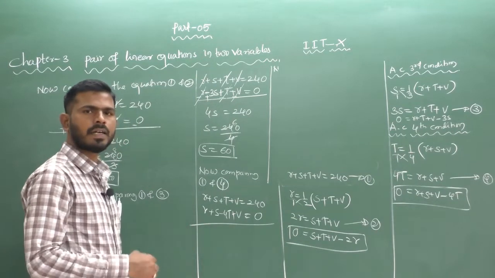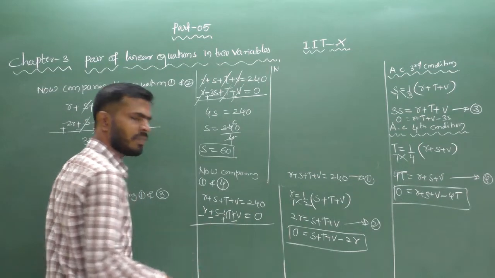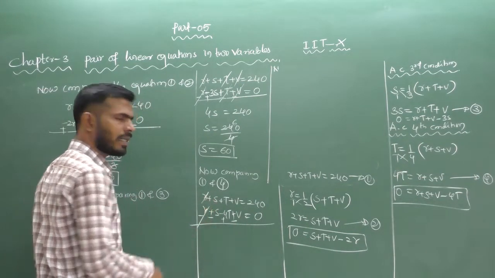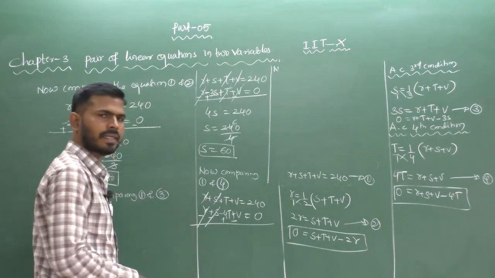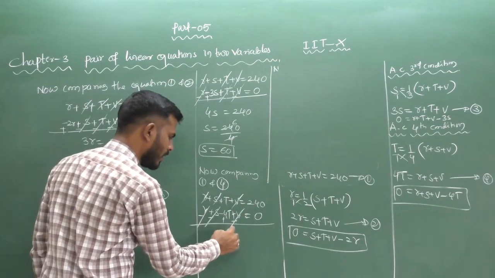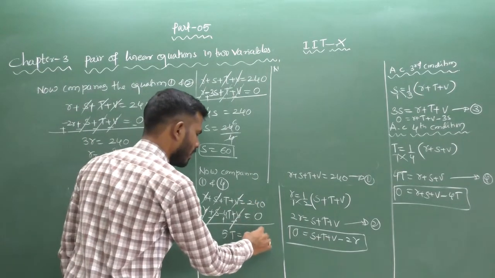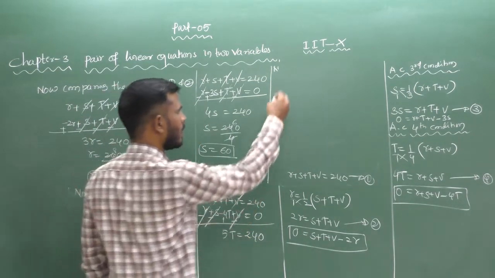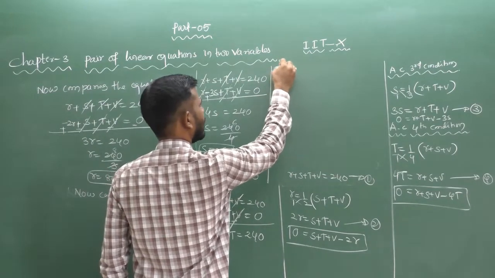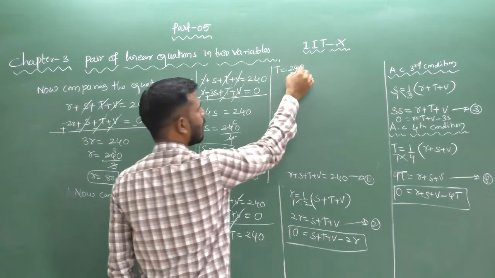Just change the sign: minus becomes plus. So minus r plus r get cancelled, plus s minus s get cancelled, plus v minus v get cancelled. 4t plus 1t is 5t, equal to 240 plus 0, that is 240.